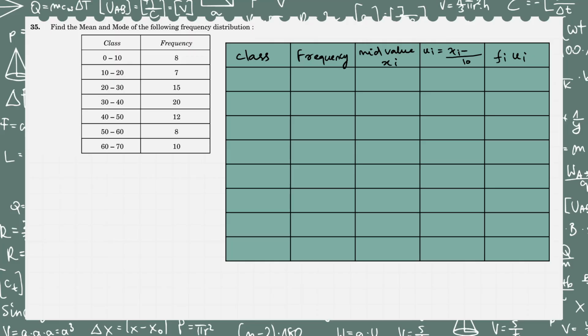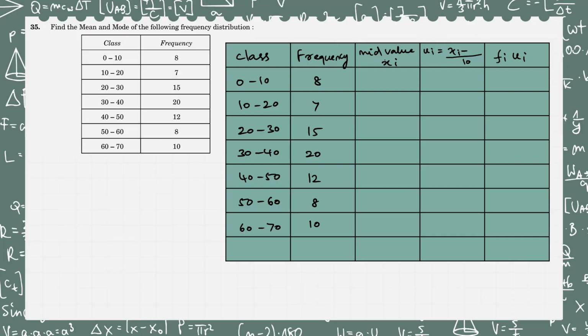So let us continue. The class intervals are given like 0 to 10, 10 to 20, 20 to 30, 30 to 40, 40 to 50, 50 to 60, 60 to 70. And the frequencies are 8, 7, 15, 20, 12, 8 and 10.